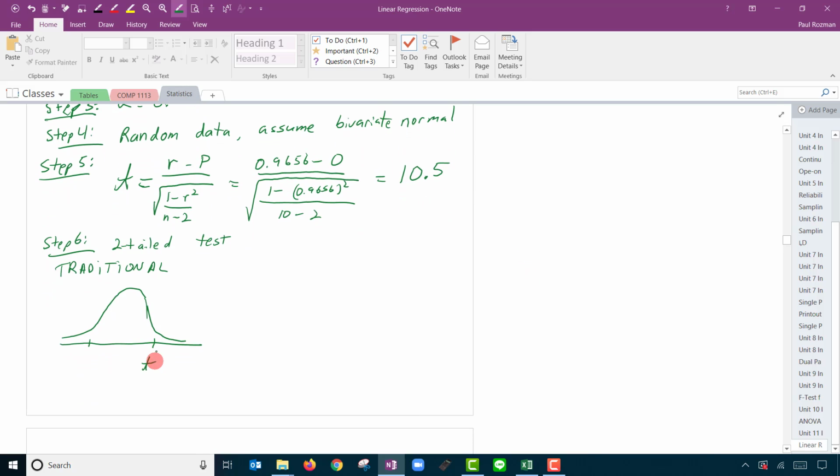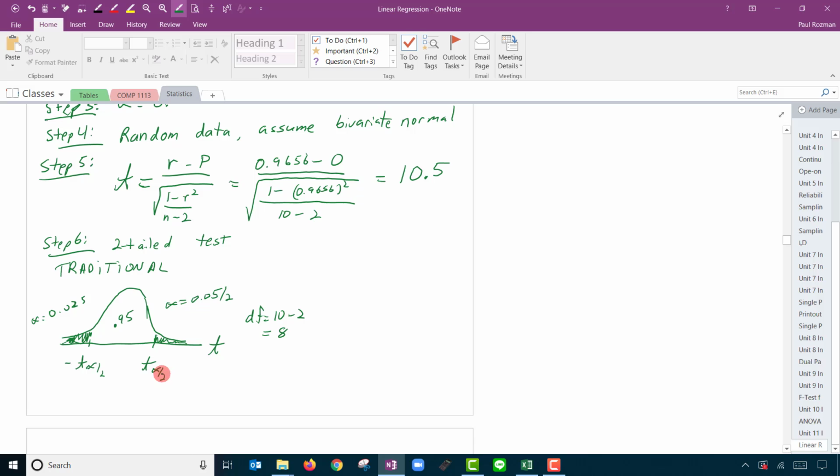So we'll have our t alpha over 2. I know we're going to be nowhere near these cutoffs. In our case, alpha was 0.05, so it's 0.025. And that's the area underneath the t distribution. The degrees of freedom are 10 minus 2, which is 8.